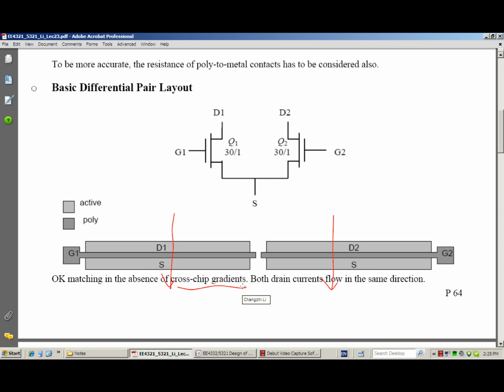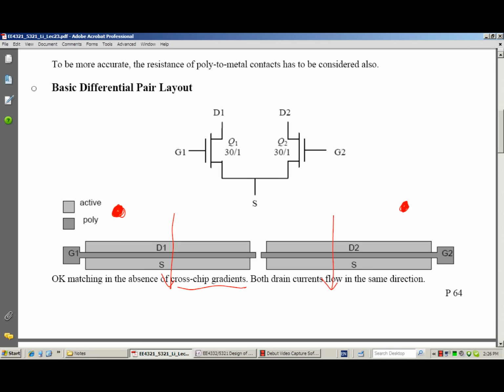It means when the two transistors are fabricated on a wafer, the temperature and the doping concentration at this side may be different from the temperature and doping concentration on the other side.